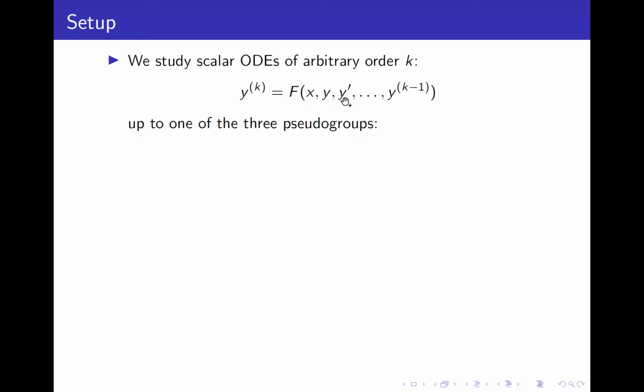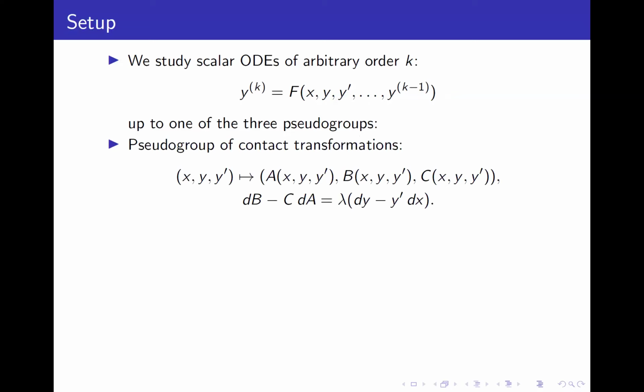We'll be looking at these ODEs under the following transformations. So one of the most natural, to me at least, transformations would be contact ones, because this is a class of transformations that preserves order of ODEs. So it maps ODEs of order k again to ODEs of order k.